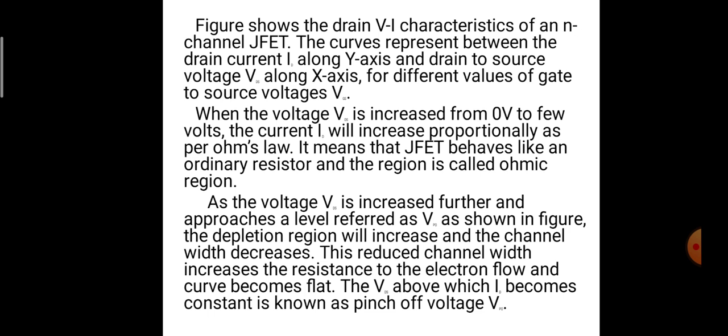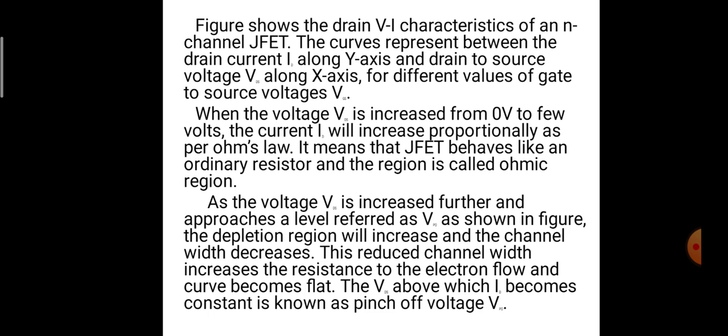Figure shows the drain VI characteristics of an N-channel JFET. The curves represent the drain current ID along the y-axis and drain to source voltage VDS along the x-axis for different values of gate to source voltage VGS.